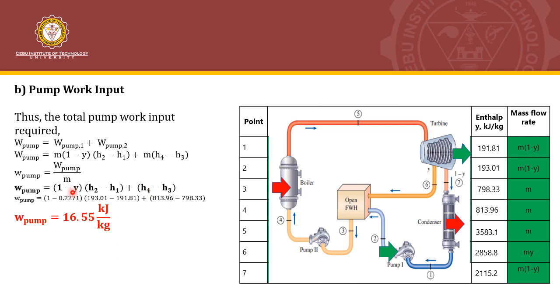Substituting the value of Y, which we already solved a while ago, that is 0.2271, and the values of enthalpies found in the table, we can already get the value of the pump work input. So this is already the sum of the pump work input for pump 1 and pump 2. So the pump consumes 16.55 kilojoules of energy per kilogram of steam. So that's for the pump work input.